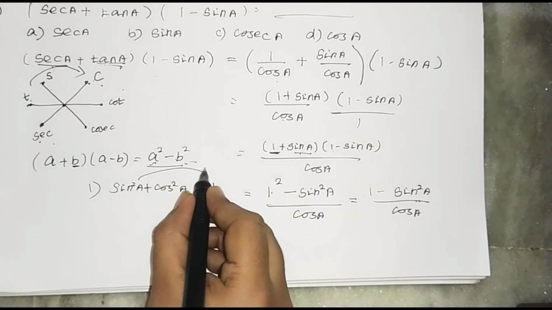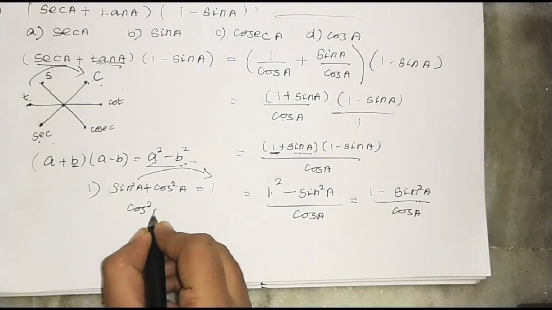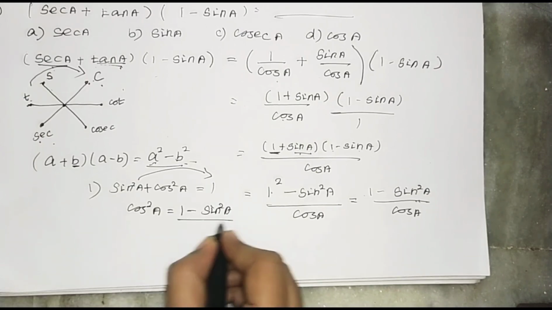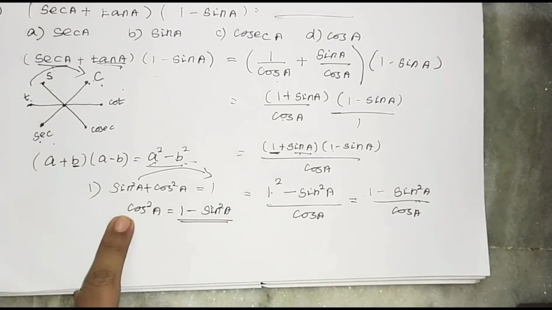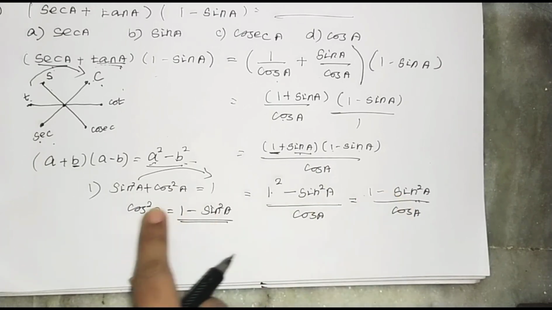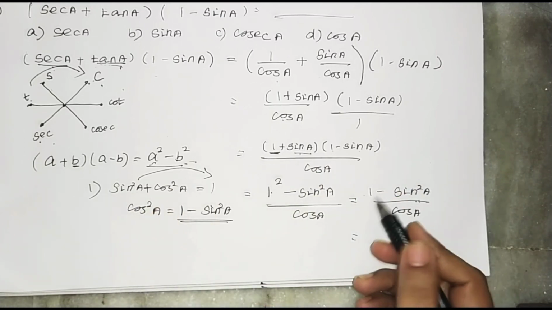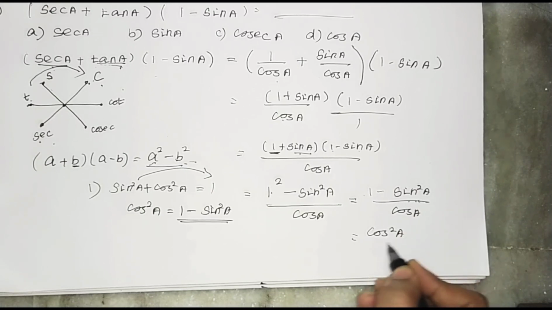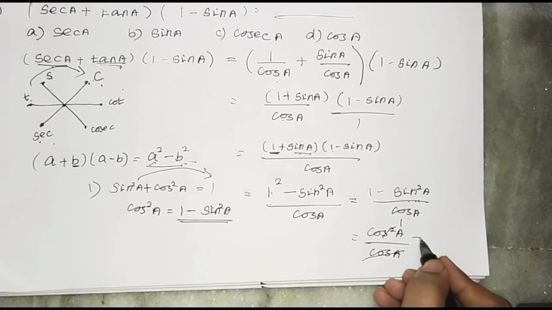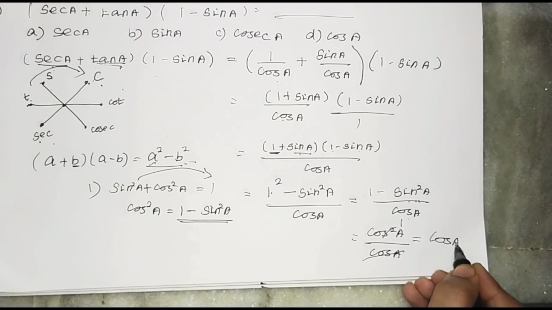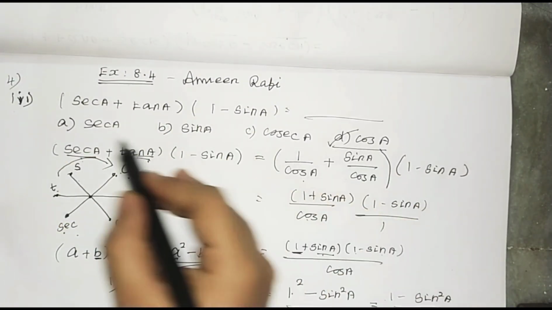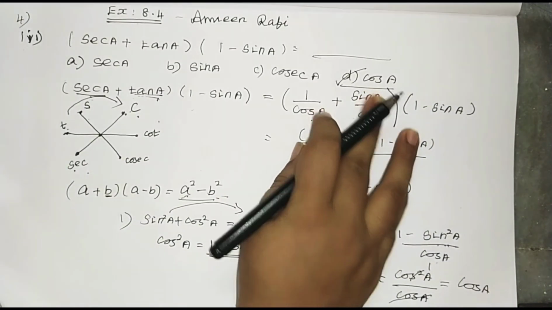If you transfer sin squared A, you will get cos squared A equal to 1 minus sin squared A. So instead of 1 minus sin squared A, we can write cos squared A. The denominator is cos A. Say cos A and 1 cos A is cancelled. The answer is cos A. So in your question, cos A is the correct answer. Option D is the correct answer.